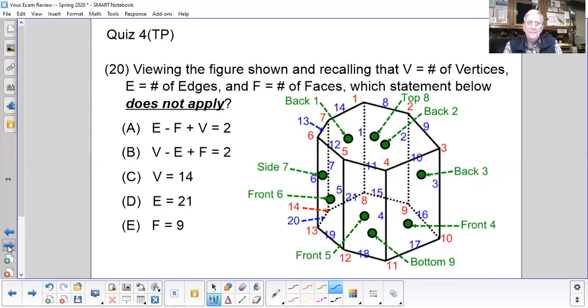What's wrong with statement A? It's out of order, right? The Euler characteristic says if you take the vertices and subtract the edges and then add the faces, you will always get 2. So the formula which does not apply is A, because it is not set up correctly.